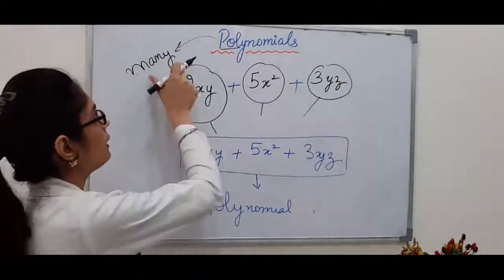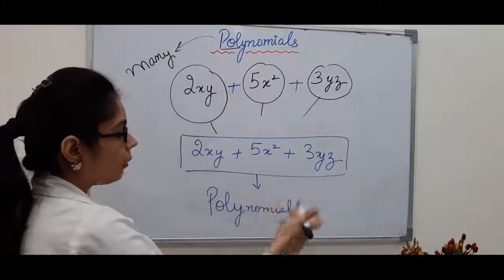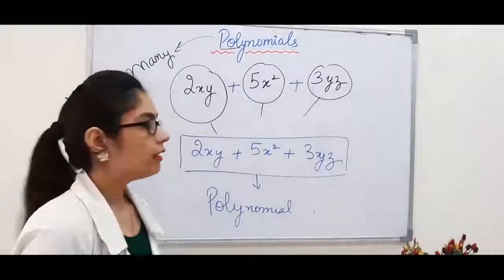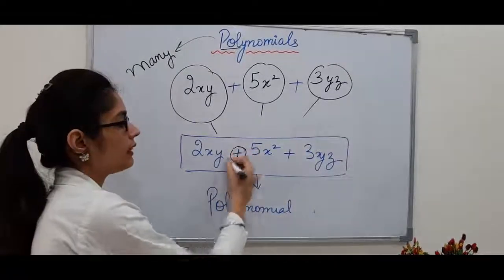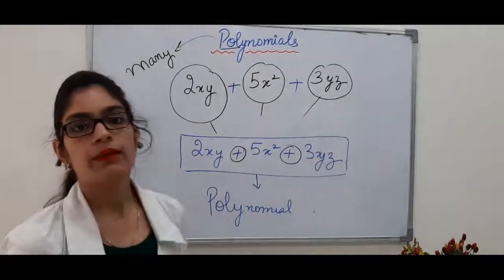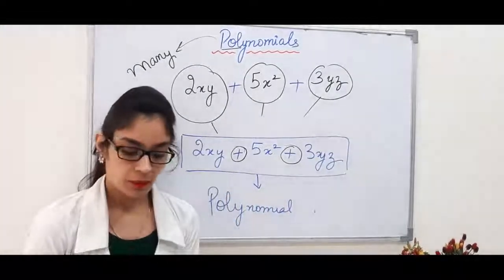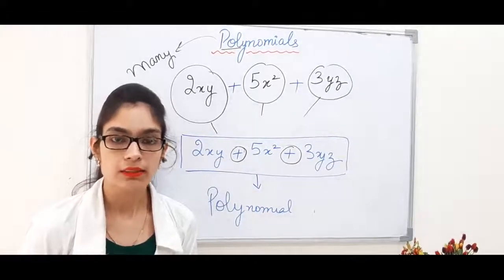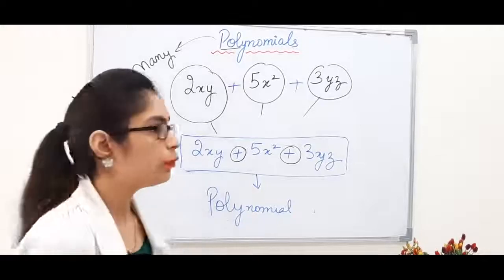But now poly means many, and nomial means terms, many terms we are writing together by using these signs, plus or minus. So when many terms are written together, and they are either subtracted or added, they are known as a polynomial. So let's take one more example.